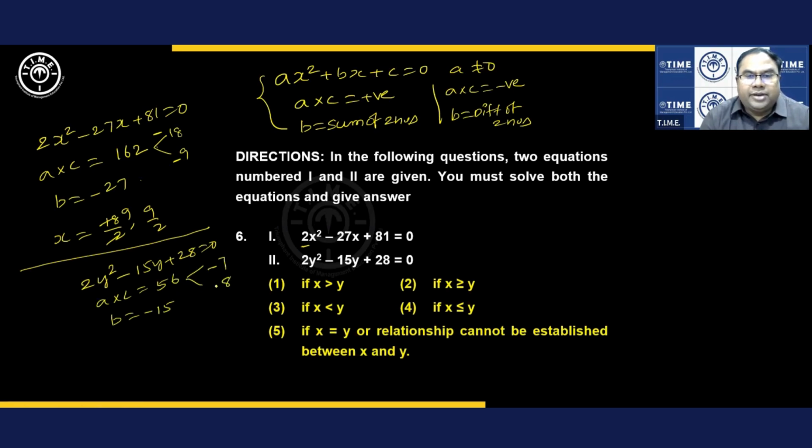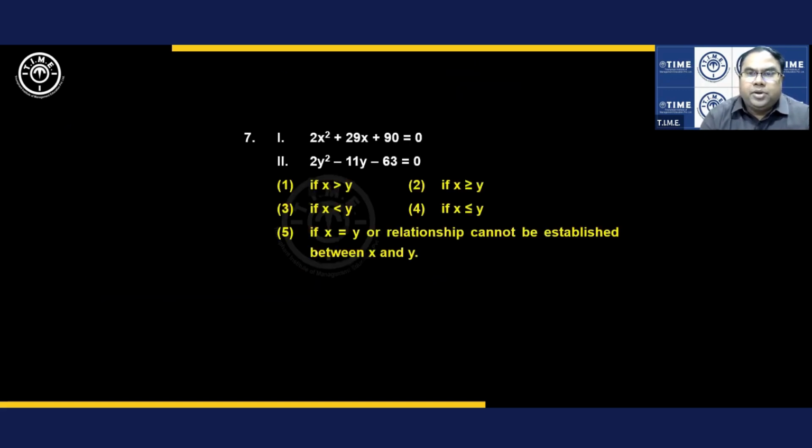I want minus 15, so minus 7, minus 8. When you write the roots, signs will change and you have to divide by the coefficient. 8 by 2, comma 7 by 2. So 4, comma 7 by 2. 9 by 2 is more than 4 and 7 by 2. So x is clearly greater than y. X greater than y means we can mark choice 1.